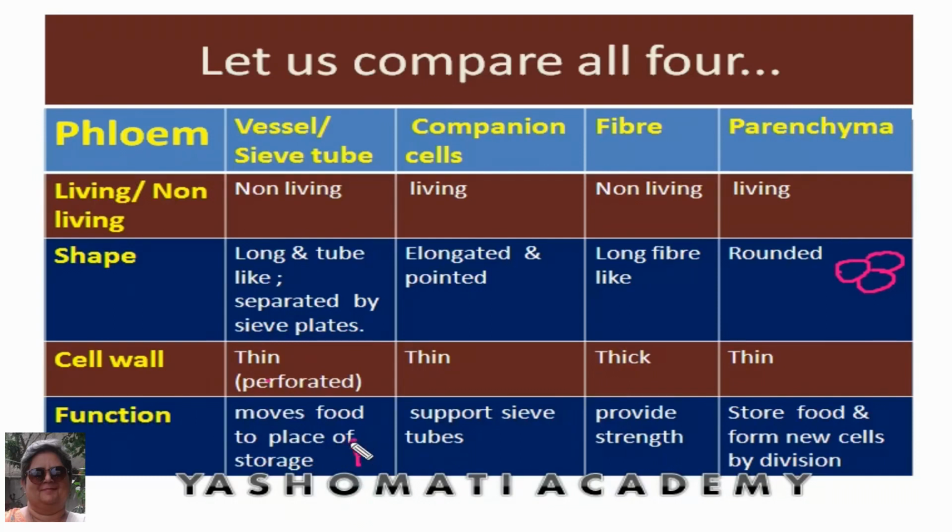Here the food may be moving upward or downward. Function of companion cells is that they support sieve tubes. Function of fibers is that they provide strength, and parenchyma has a function of storage of food and formation of new cells by diffusion.